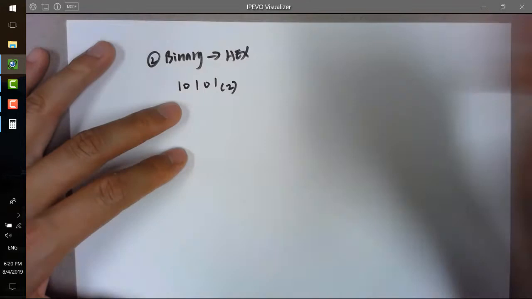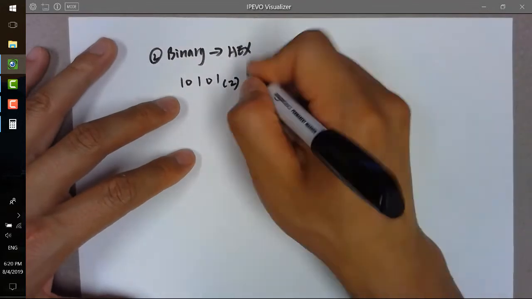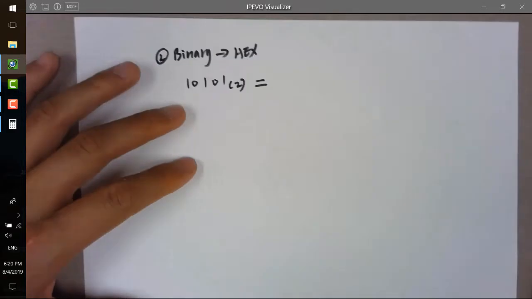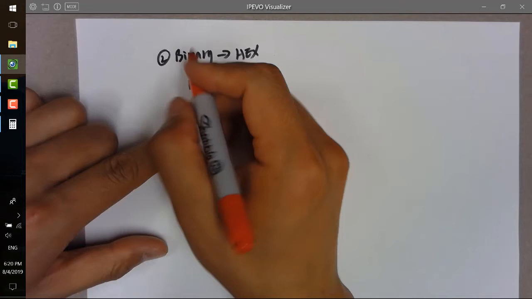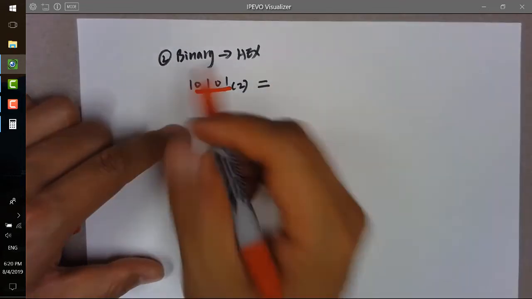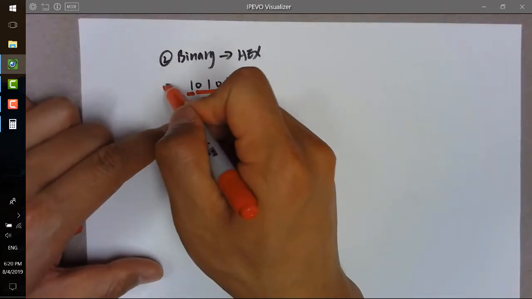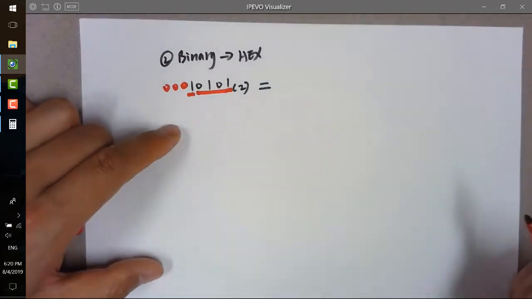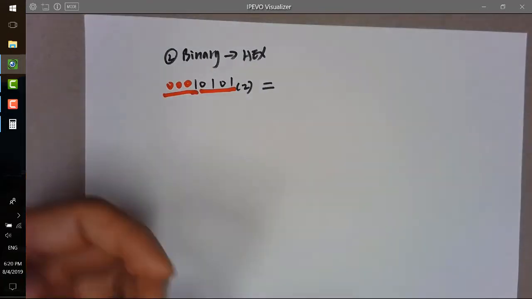The tip here to convert a binary number into a hex number is we group all the binary digits into 4s. For example, here we have this one, 4 digits, and this one is just 1 digit. However, we can make up 3 zeros in the front, which won't affect the result, and make a 4-digit group.